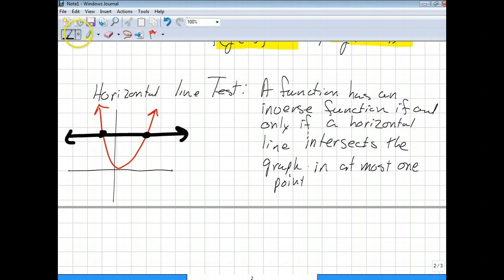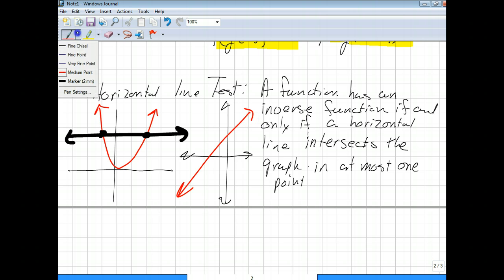If I have the graph of a linear function, will this one have an inverse function? Yes, it will, because anywhere I put a horizontal line, it goes through no more than 1 point.